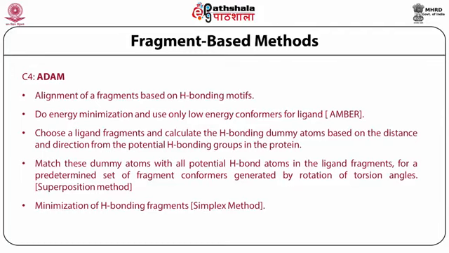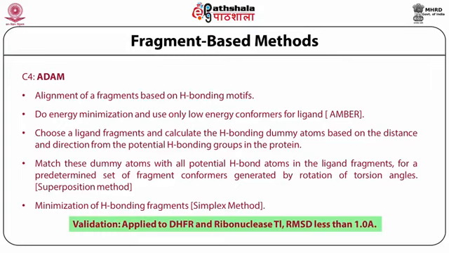It has been applied to DHFR and ribonuclease T1 and very efficiently found the inhibitors. However, the difficulty is, if the molecular fragment is large, it is difficult to use only hydrogen bonds. The reason is that space filling, or complementarity in shape, is not included in this method. However, DOC does much better than this method.